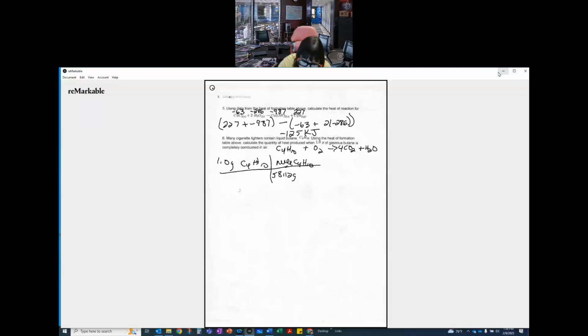I now have H10, so I need 5 waters to deal with the H's. That means I have 13 halves O2. Or I would look at 2 C4H10 plus 13 O2 goes to 8 CO2 plus 10 H2O.